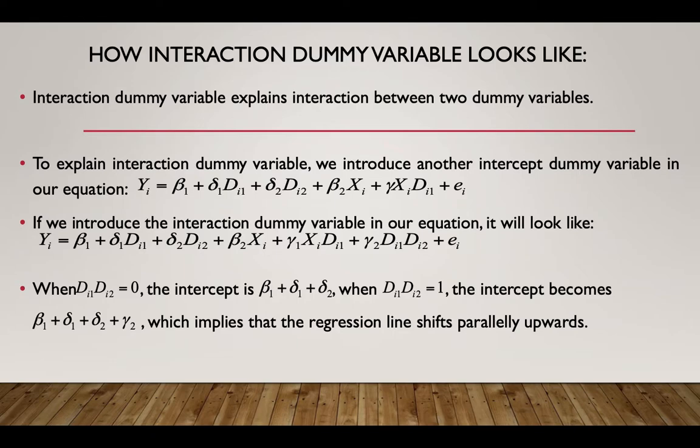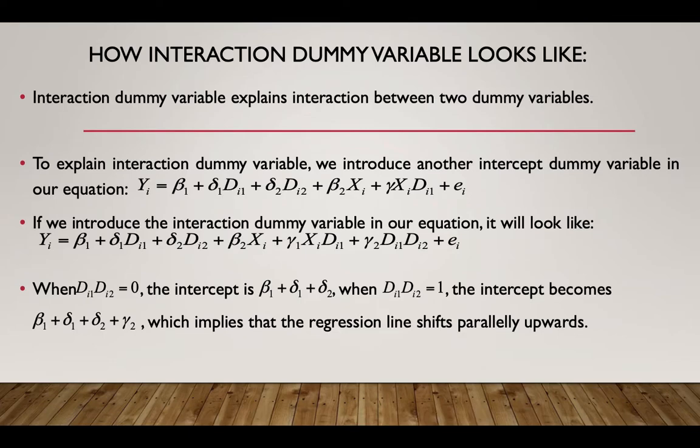So, yi equal to beta 1 plus delta 1 di1 plus delta 2 di2, these two are intercept dummy variables, plus beta 2 xi plus gamma into xi into di1 plus ei. This is the simple regression equation with two intercept dummy variables and one slope dummy variable.